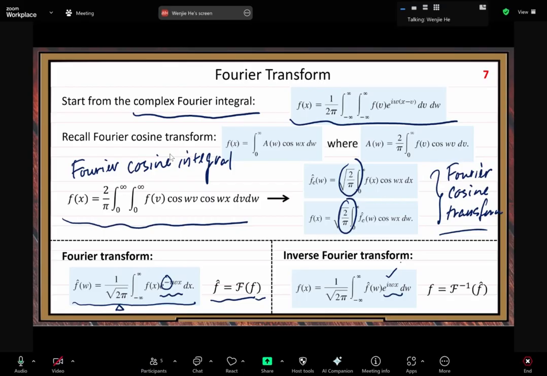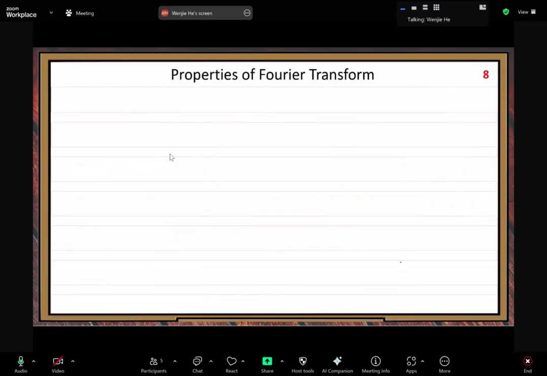So after this definition, we can study the properties of the Fourier transform. Let me leave the properties part for next time.